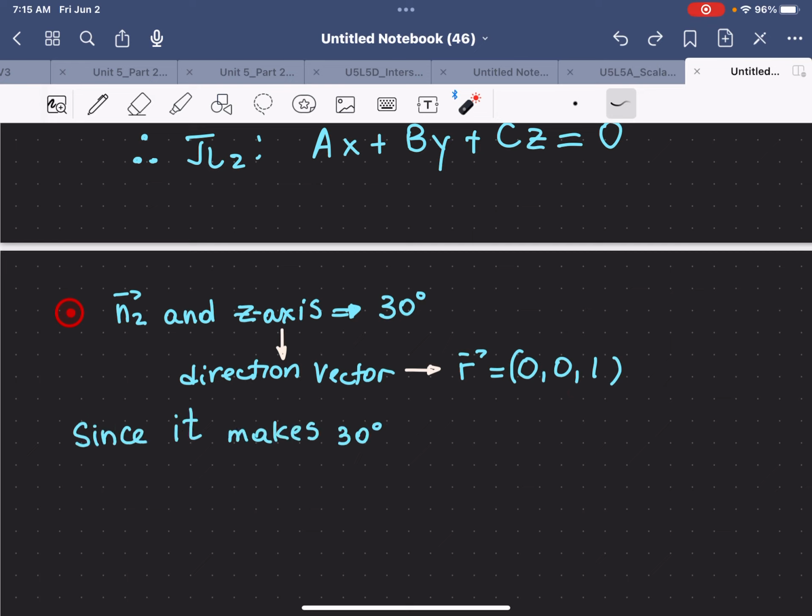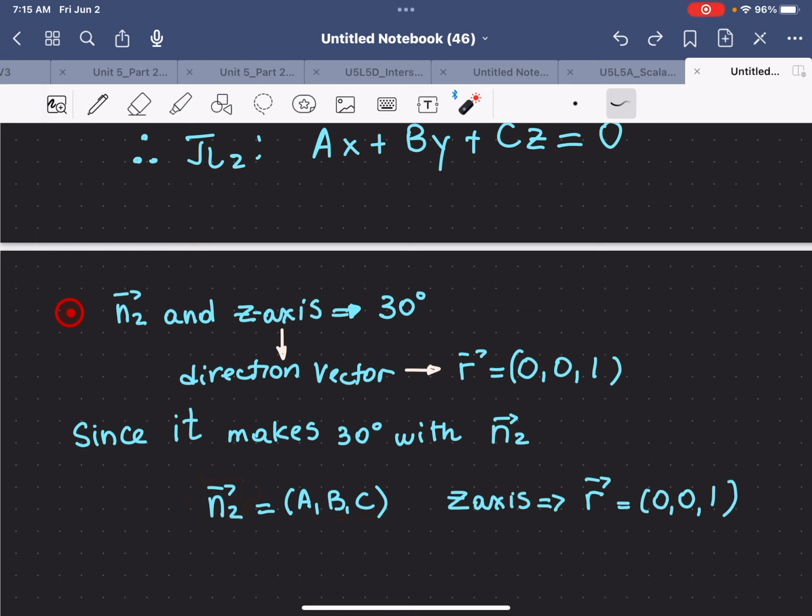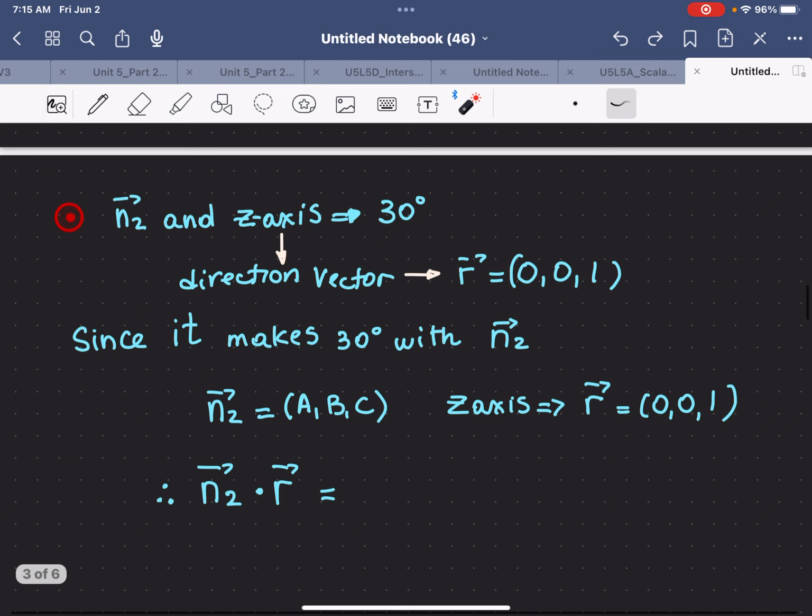We're going to say that since the two vectors will make a 30-degree angle with each other, vector n2, the normal to plane pi 2 with coordinates a, b, and c, and the z-axis that is represented by vector (0, 0, 1) will have the dot product equal to the magnitude of n2 multiplied by the magnitude of r multiplied by the cosine of the angle they make with one another.